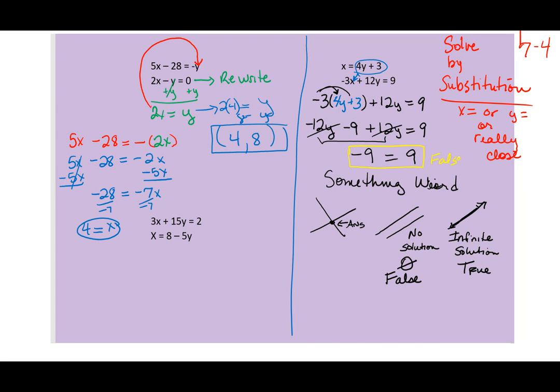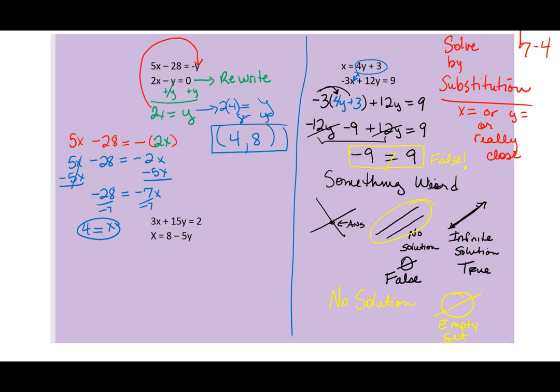That's false. So this is a situation where we have two parallel lines. When we do substitution, we get a false statement, so this is no solution, or you could say the set of answers is empty, the empty set.